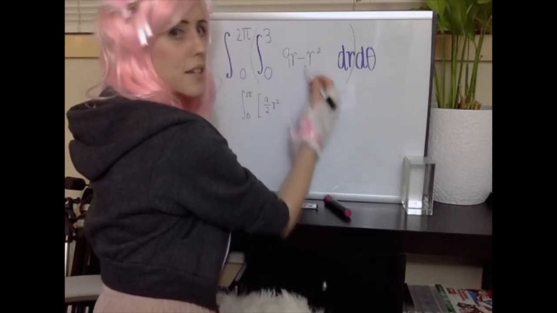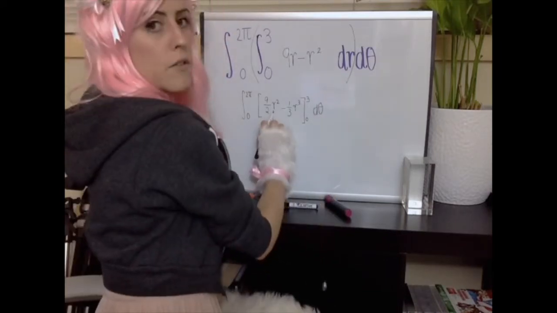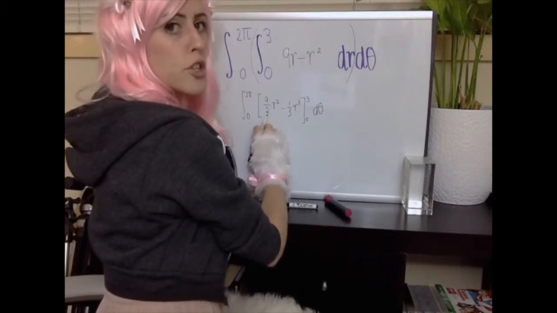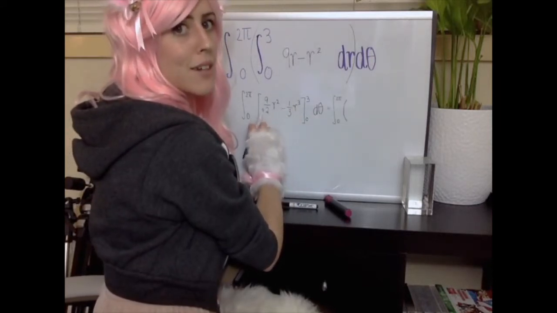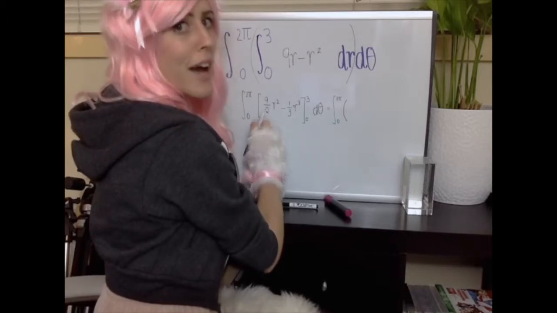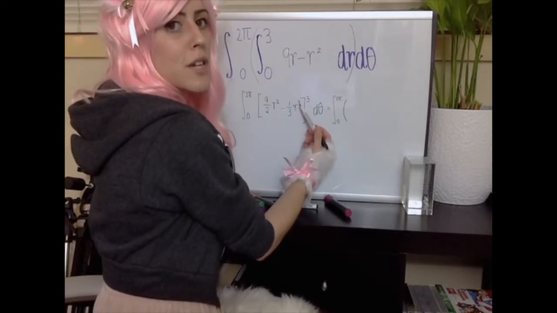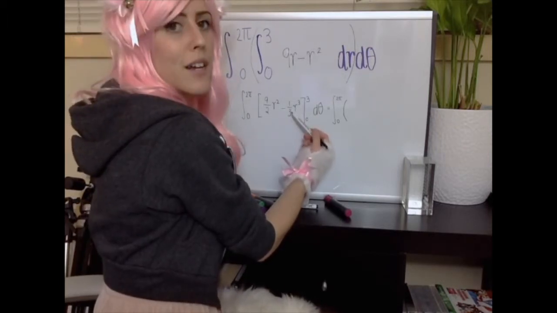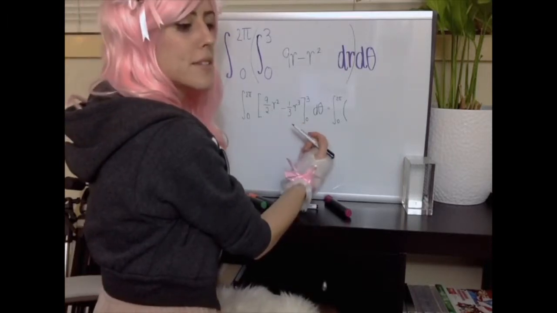And then there's a minus sign here. So first we have r squared times 9 over 2. So sub in the 3, 9 times 9 is 81, 81 divided by 2 is 40.5, and we're going to be minusing another term here, and that is r to the 3 subbed in. 3 cubed is 27, divided by 3 is 9. So then we have 40.5 minus 9.